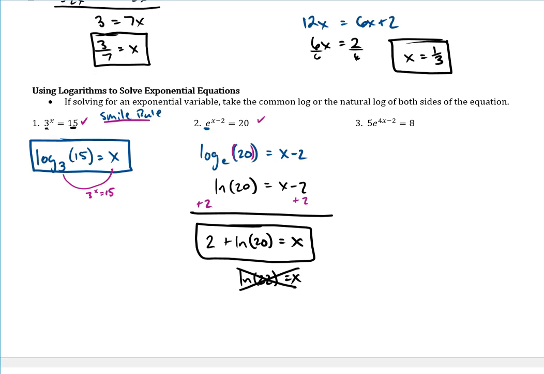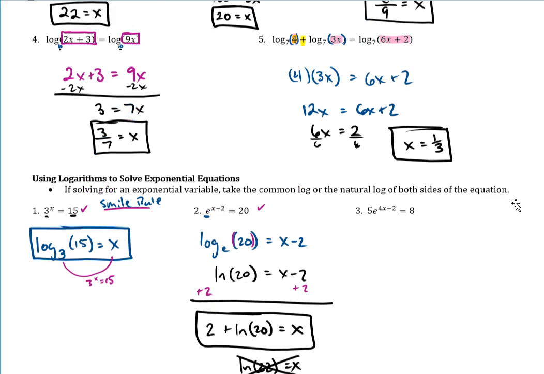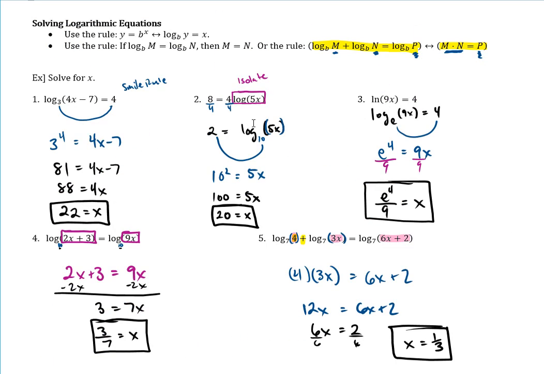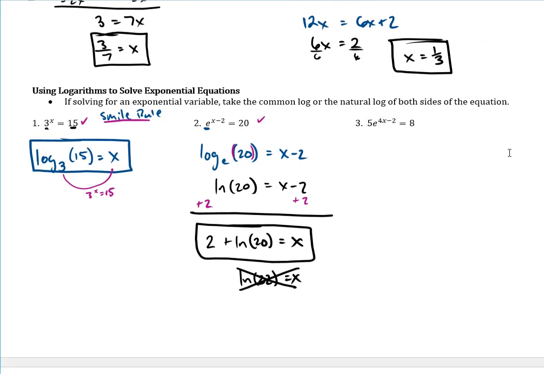And then this third one, kind of like number 2: anything that has a base in it, so like this has base e, we want to isolate before we apply any rule. So I need to isolate this part before I do anything, which is pretty easy to do because all I have to do is divide by 5.